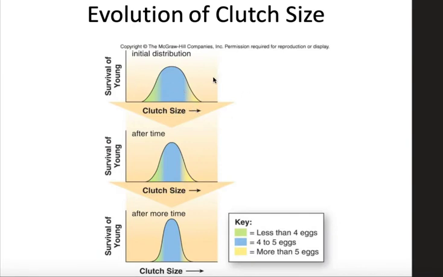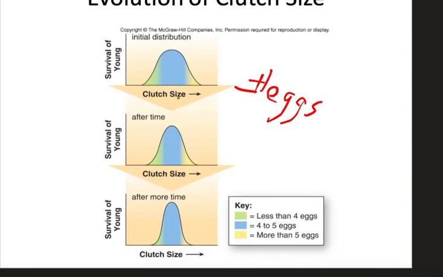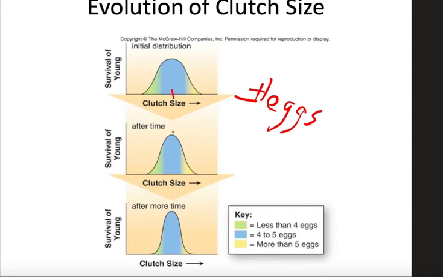A great example of stabilizing selection is clutch size. This is the number of eggs that a bird has. And so it turns out when a bird has the average numbers of eggs, here, here, or here, they have higher survival of their young.